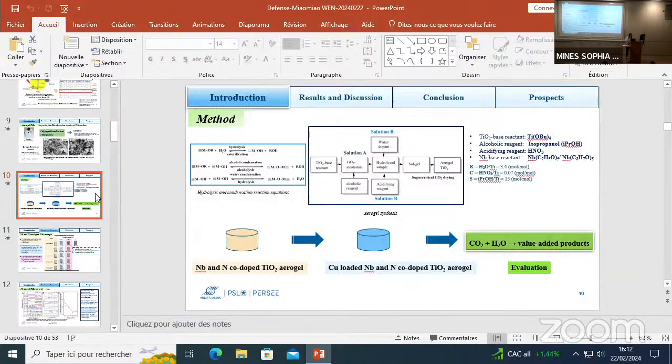Yes. In your introduction, page 47, you describe the loading using a metal. And you give the different reasons for the improvement of the catalytic activity.